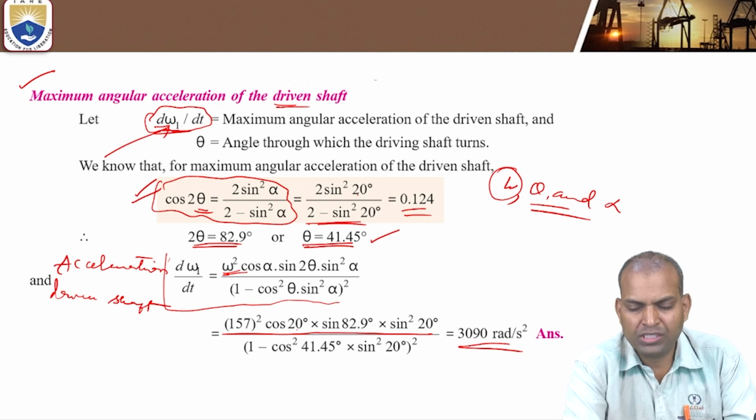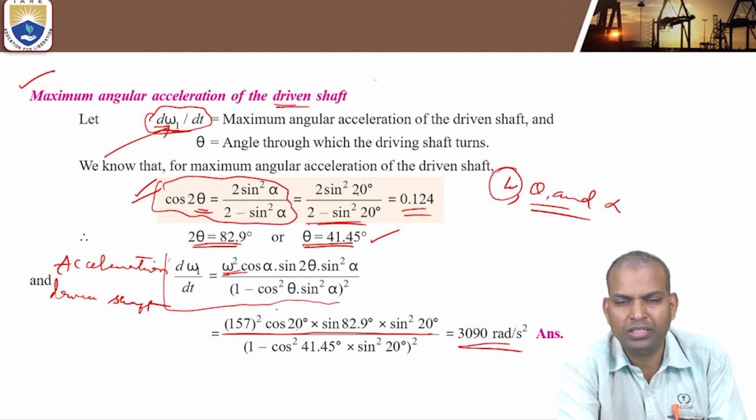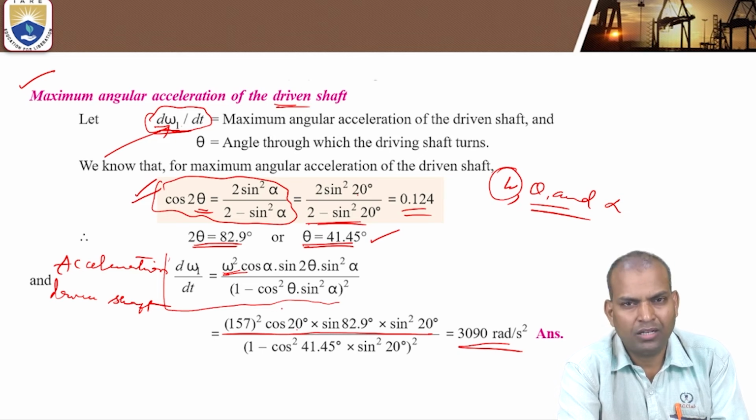The variables are θ and α, so the angular acceleration of the driven shaft is dependent on θ and α.